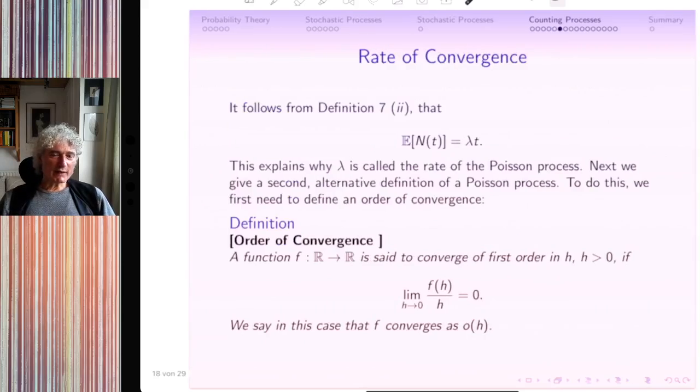In order to define the Poisson process again in a different way, we have to define the rate of convergence.